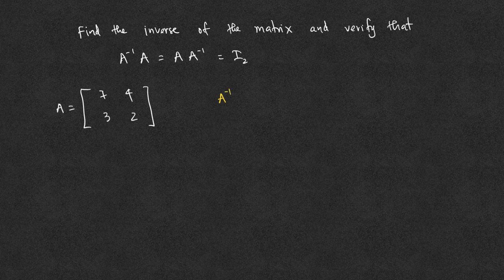The matrix A inverse is 1 over AD minus BC times the matrix D, negative B, negative C, A, where A is the entry 1,1, B is the entry 1,2, and so on. In this case, A, B, C, D are real numbers.